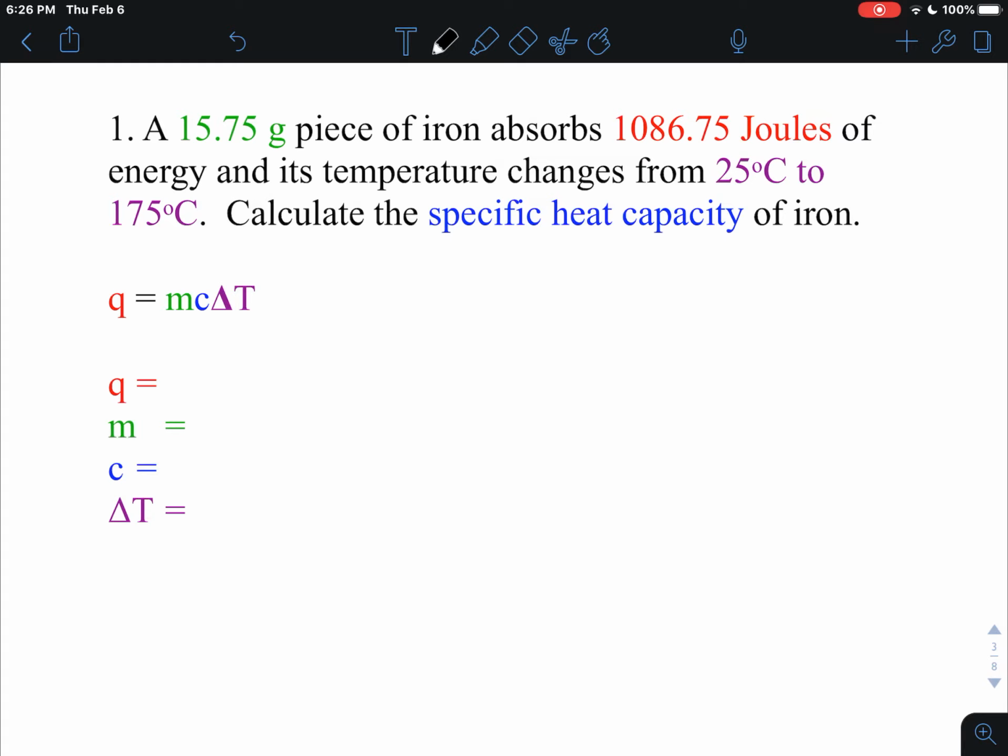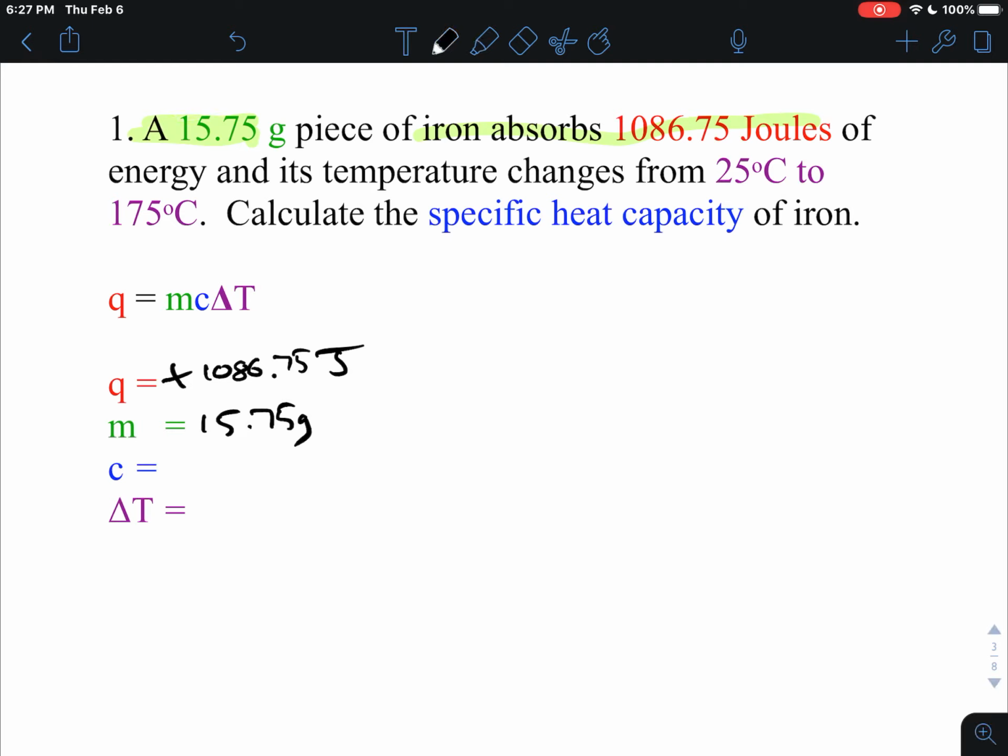What I recommend you do is go through and label all the information you have. We have that our iron is absorbing 1,086.75 joules. So that means it's increasing, so that's going to be a positive value, positive 1,086.75 joules. The mass is 15.75 grams. Again, it's right there in the problem.